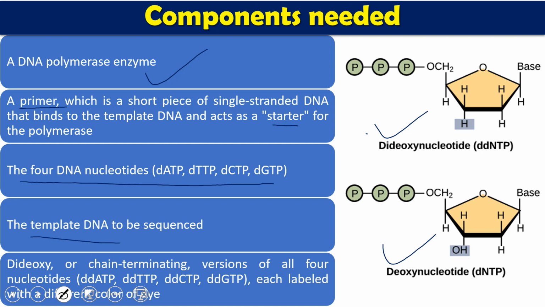A template DNA which needs to be sequenced, and all the 4 nucleotides in dideoxy form, that is ddATP, ddTTP, ddCTP, ddGTP, and all these will be labeled with radioactive substances or color producing substances. So these are all the basic requirements: a polymerase enzyme, a primer, 4 different types of normal deoxynucleotides, 4 types of dideoxynucleotides, and a template strand.